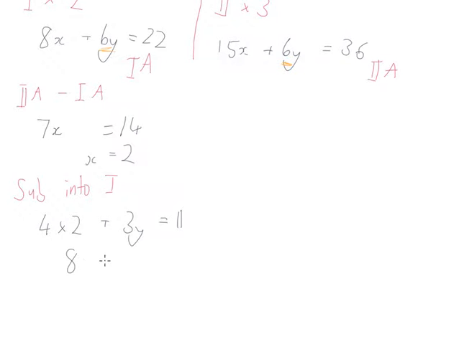So that gets you 8 plus 3y is 11. So 3y is 3. If you minus 8 from both sides, that cancels very nicely. So from here, y equals 1.